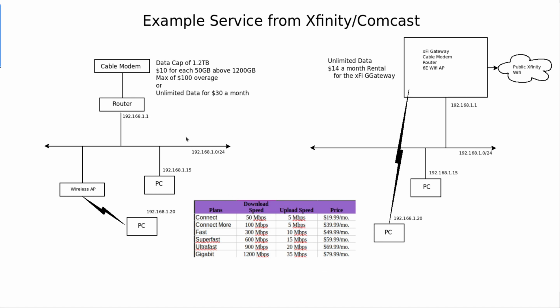So another thing about this service is that it has a cap of 1.2 terabytes or 1200 gigabytes, and you actually pay $10 for each 50 gigabytes you use over 1200 gigabytes, and that's each month. And then you have a maximum of $100 of overage, so $10 per 50 gigabytes.